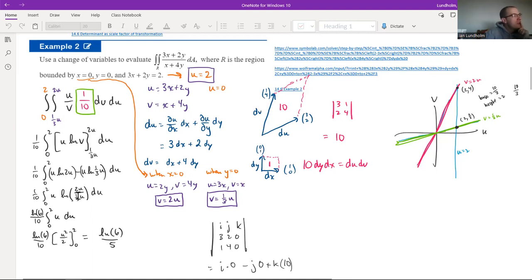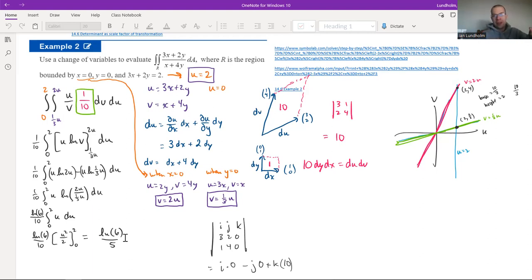This looks pretty gross initially, but since we've got natural log of 2u over 1/3 u, you can divide those and get 6. And so this second part just becomes the natural log of 6, and you can throw that out front. Then you're just taking the integral of u du, and you get natural log of 6 over 5.